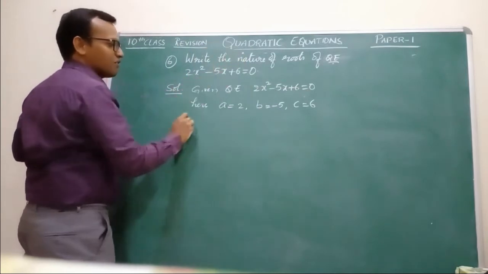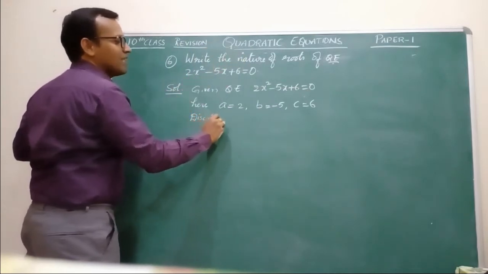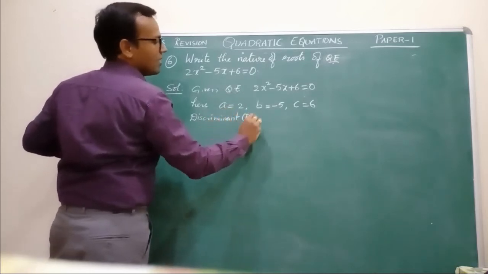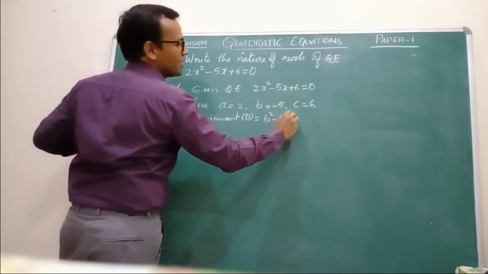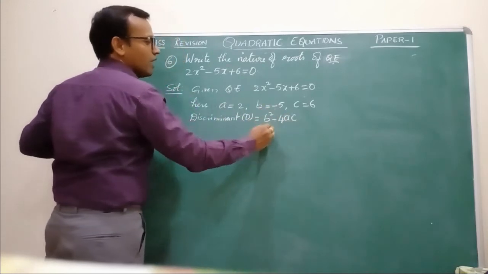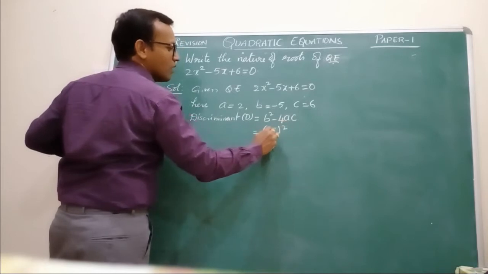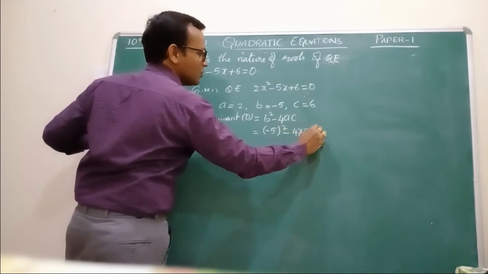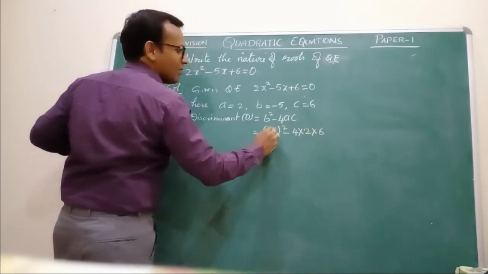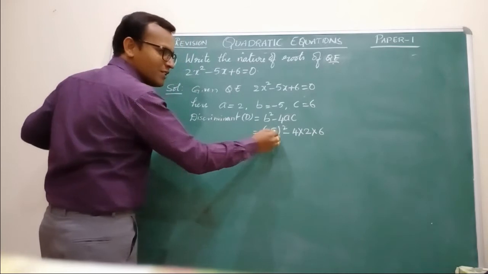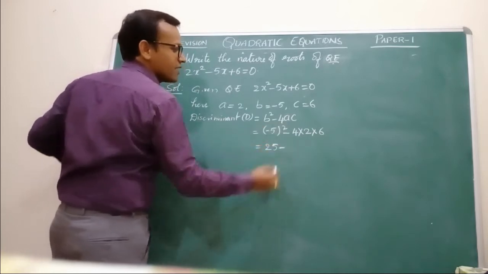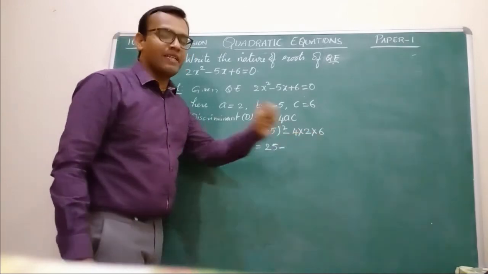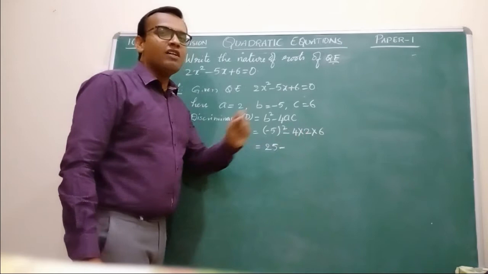So to find the nature of roots, we need to find the discriminant, which is equal to b square minus 4ac. b square means minus 5 whole square minus 4 into a, 2, into c, 6. Minus 5 whole square, minus into minus plus, 5 square is 25, minus 4 twos are 8, 8 sixes are 48.